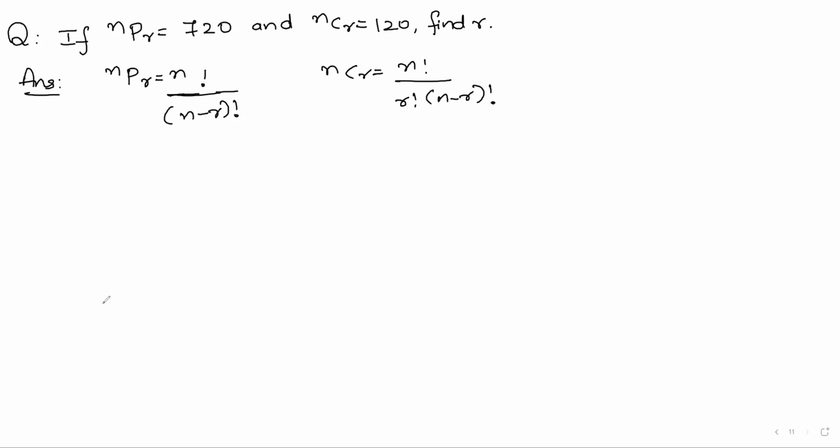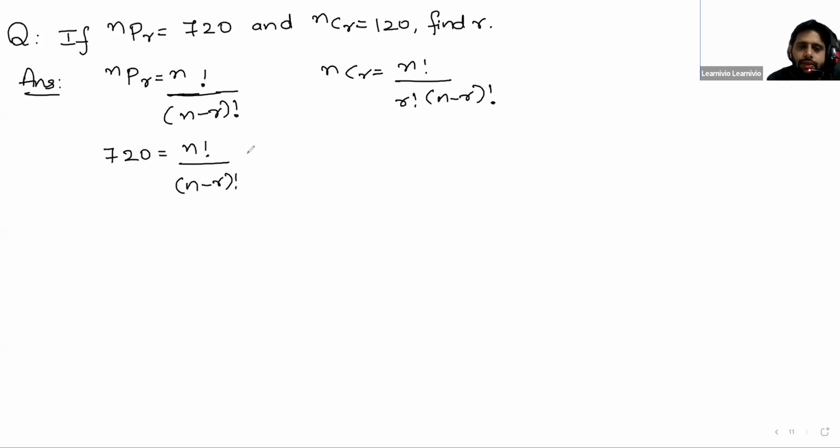Rishan, this is done. Do you have any doubt in this? Please check this, Rishan. NPR is equal to 720. So in place of this, you can put 720. This is equal to n factorial by n minus r factorial. Let this be 1. Now NCR is this, and NCR you have 120. So you can put 120 is equal to n factorial by r factorial n minus r factorial.